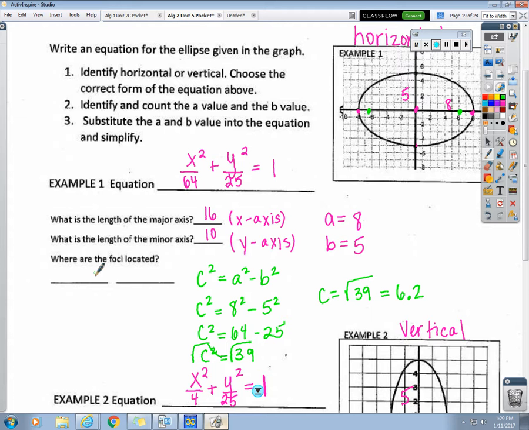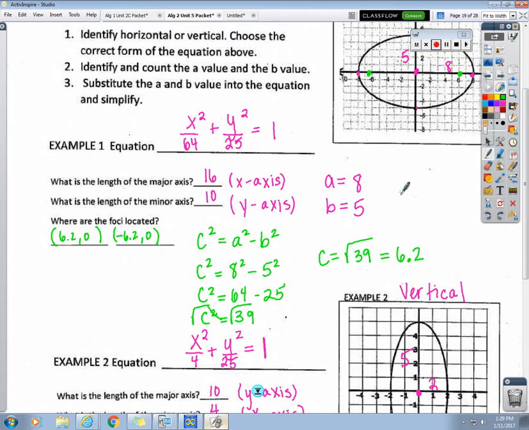Now all I have to do is write the coordinates of those 2 points I just plotted. To get to this point, don't you have to go right 6.2 and then 0? And then to get to this one, don't you go left 6.2, so negative 6.2, and then you don't go up or down, so the y value is 0?